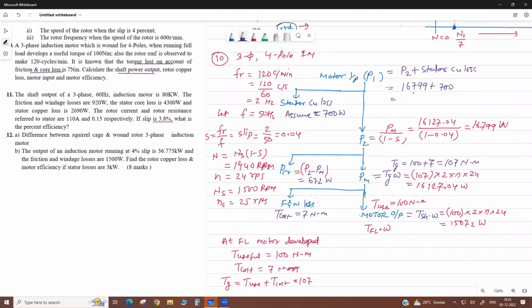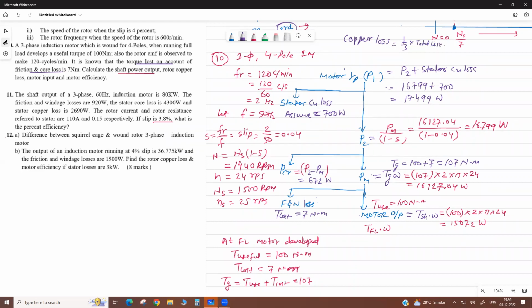Sir, why do we have to assume 700 only? That is the one problem. Let me tell you what is the reason. Actually, copper loss or variable loss in motors, stator copper loss is one third of total losses, it is a thumb rule.